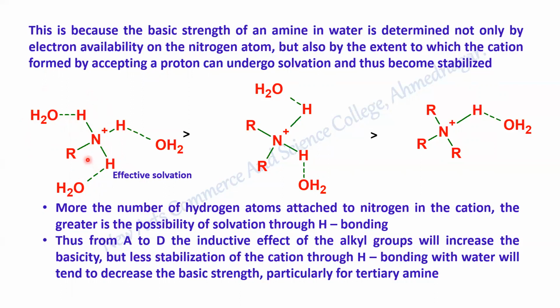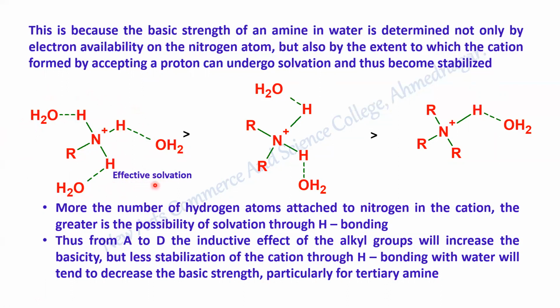So RNH3, that is a quaternary salt, we call it a cation. Now the cation has a positive charge. Because of that, there is a formation of bonds with the solvent. Water acts as the solvent, and there are three hydrogen atoms on nitrogen which form bonds with the solvent. As the number of hydrogens is more, naturally this solvation effect is more.